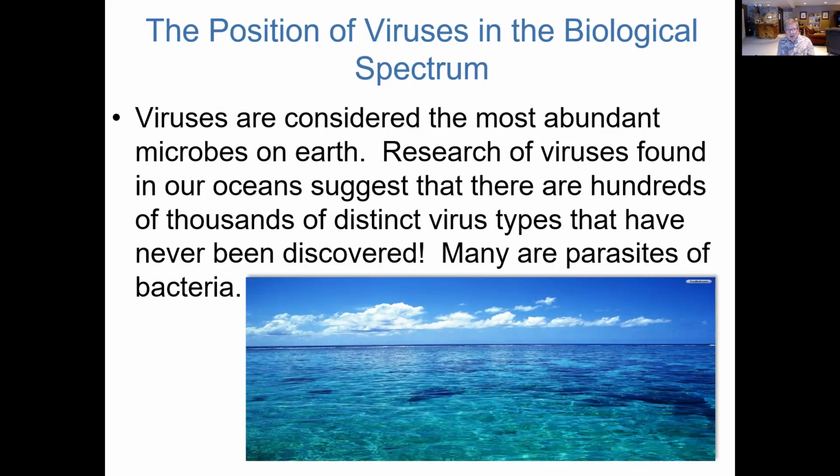You know nothing about them. So that's certainly an unknown environment that we could spend time exploring. Anywhere you can go on Earth there are going to be viruses, of course, anywhere you have cells.